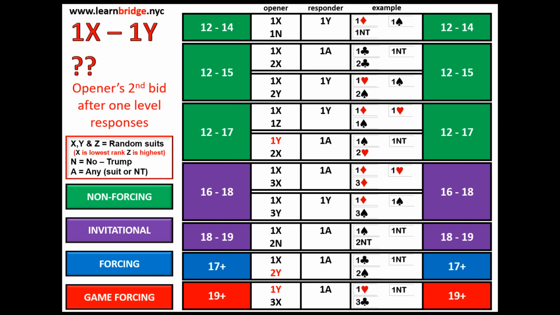But think logically about this particular auction on the right. If I've opened one club, my partner bids one no trump, and I bid two spades. If partner wants to play clubs, my original suit, which is usually their choice when we bid two suits, they're going to take a preference for one of them. We're forcing them to do that at the three level.